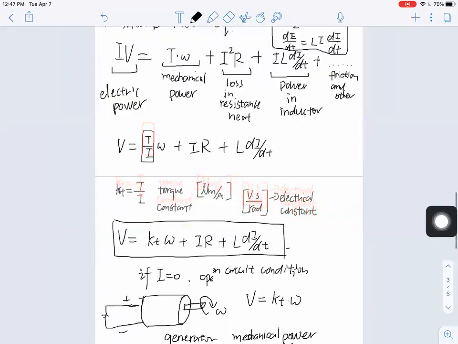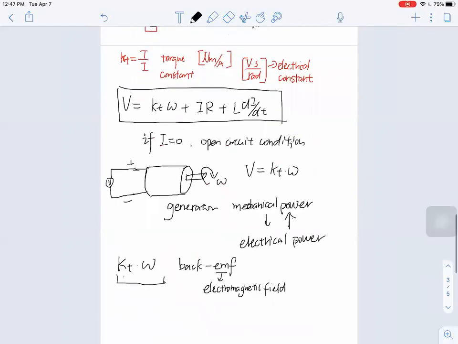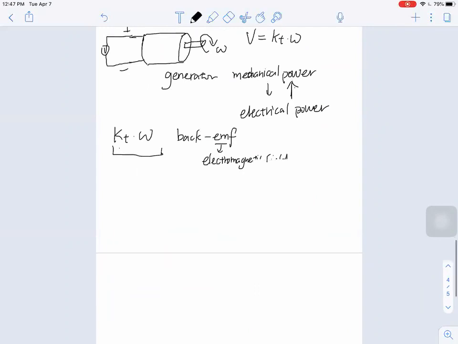Okay. And with knowing this DC motor equation, the next thing we're going to talk about is another very important thing for a motor, that is the speed torque curve.